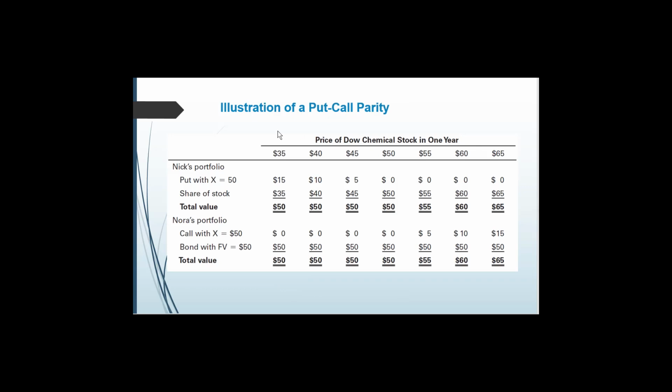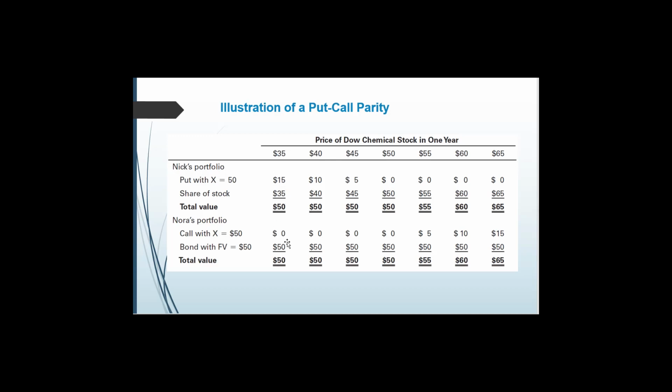And what you can see here is the illustration of that. We have two portfolios. We have a put for $50 and a share of stock, and here's the price of the stock. If you put those two together, it has a $50 value. We have another portfolio, a call on that exercise price, and a bond investment that would be worth $50.